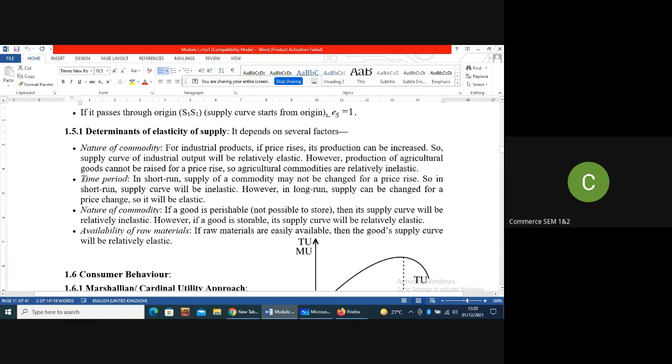Similarly, the short-run supply of a commodity may not be changed for a price rise. So in short run, supply curve will be relatively inelastic. However, in long run, supply can be changed for a price change, so it will be relatively elastic.